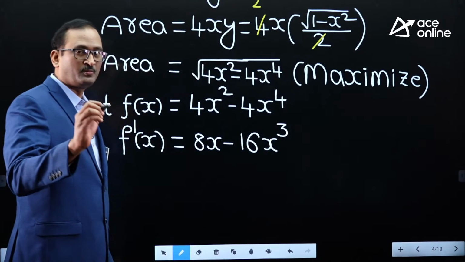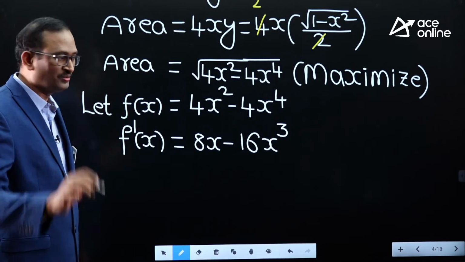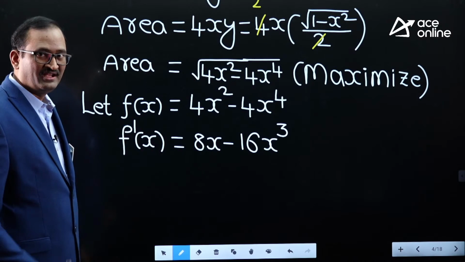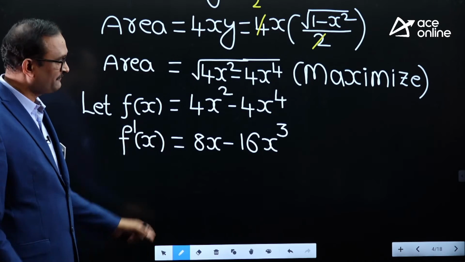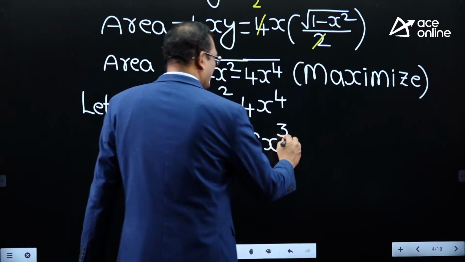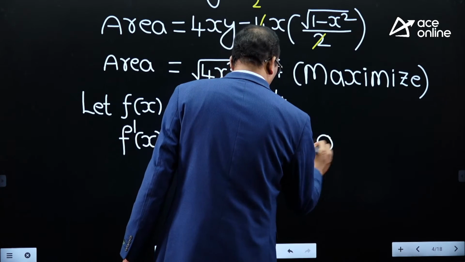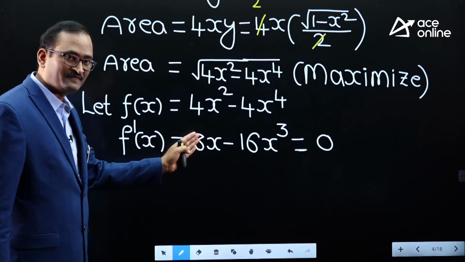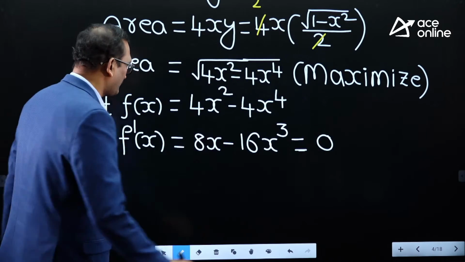A critical point means the point at which f dash x is 0 or f dash x is infinity. f dash x cannot be infinity for any finite real value of x. So the other choice is f dash x equal to 0. What is the common factor? 8x is the common factor.